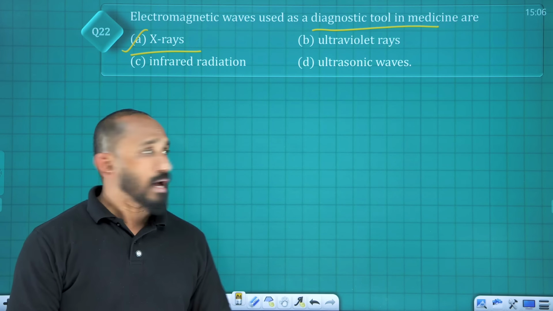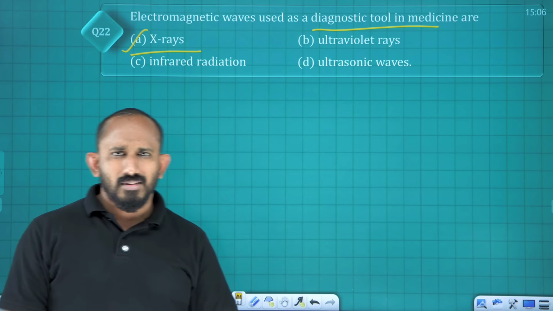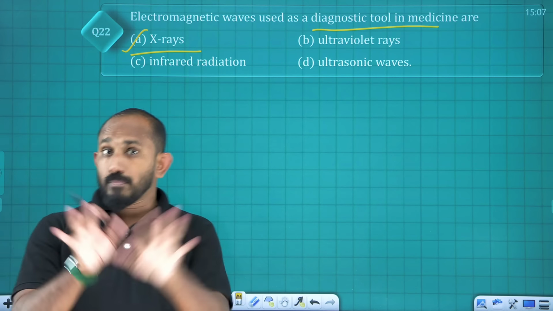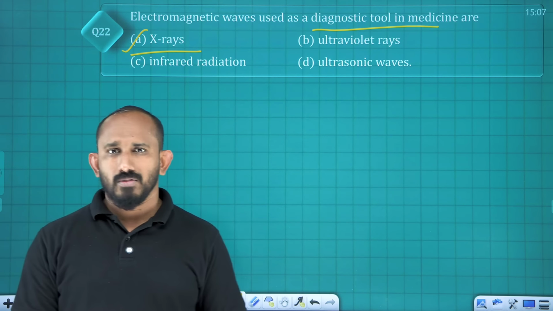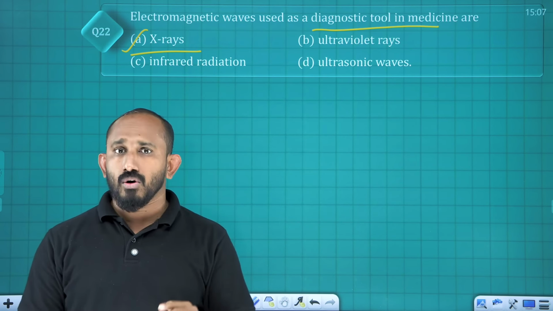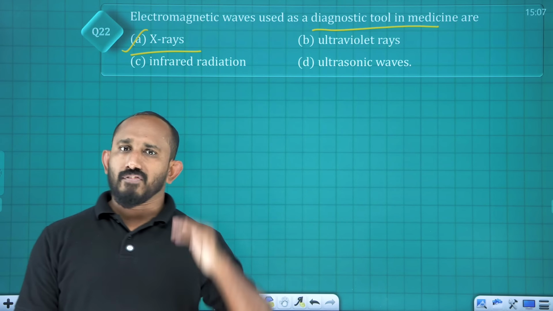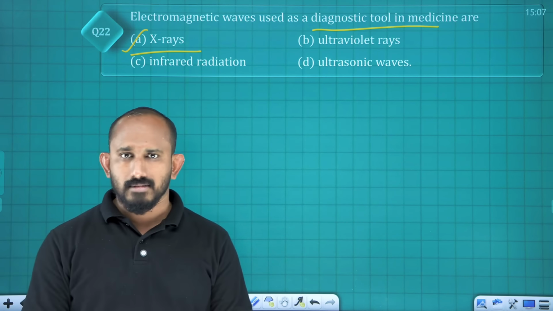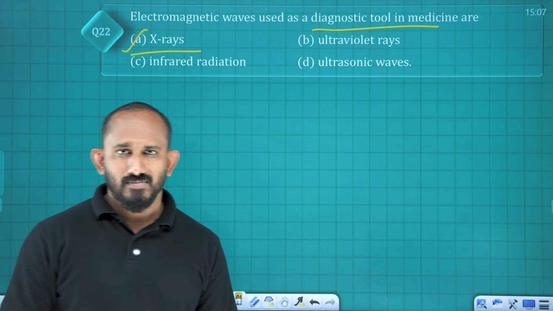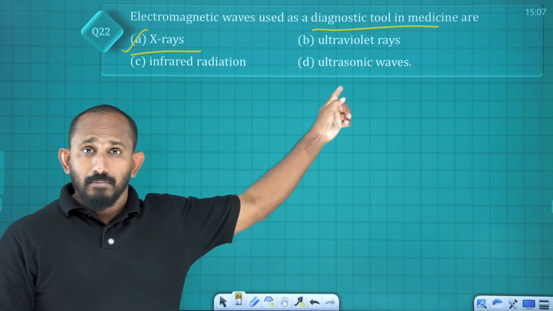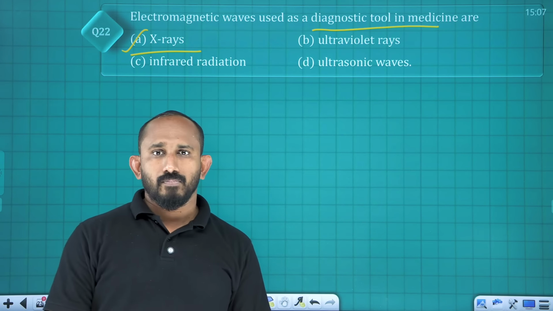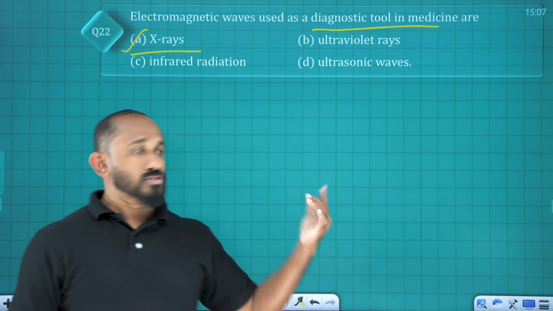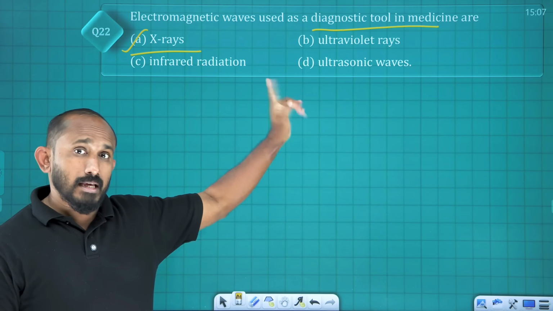And ultrasonic waves, are you familiar with them? They are not part of electromagnetic waves. They are mechanical waves. Sound waves of very low frequency are called infrasonic waves. A frequency of more than 20,000 hertz is called ultrasonic waves. That can have medical application. USG, ultrasound sonography, is used in medicine, but they are not EM waves, okay?